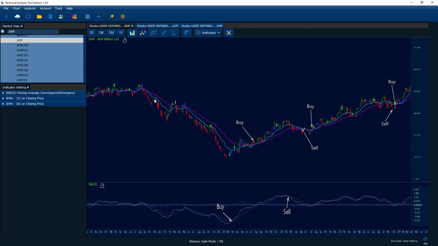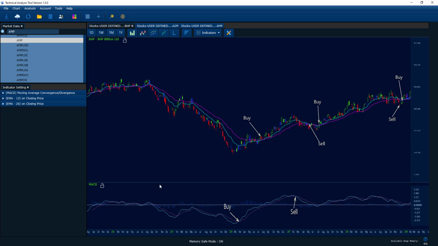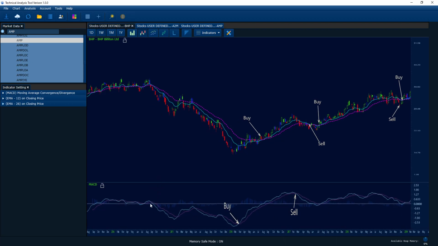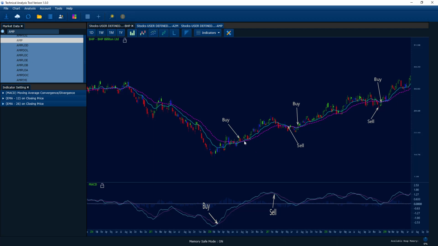As you can see, if the faster EMA, that blue line, is beneath the slow EMA, the value is negative and the MACD is below zero. But if the faster EMA is above the slower EMA, of course that value becomes positive, and the MACD value runs above the zero line.